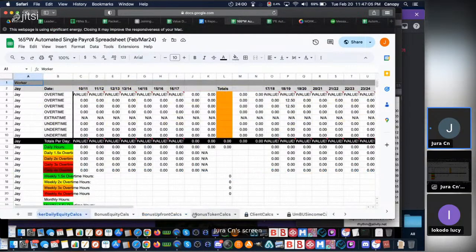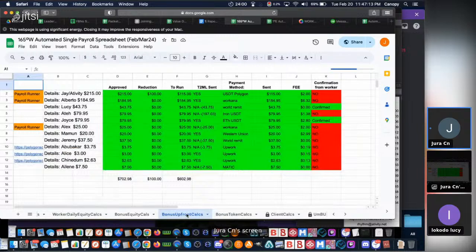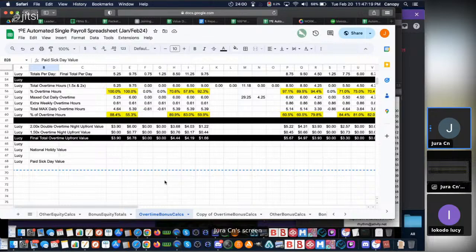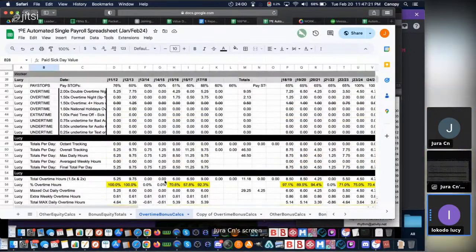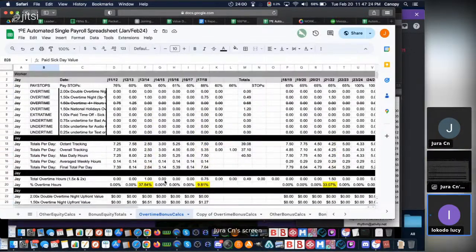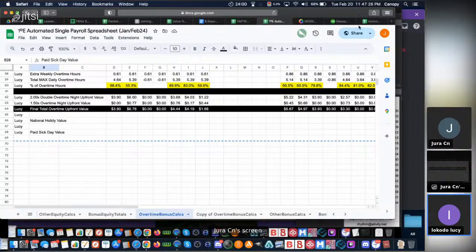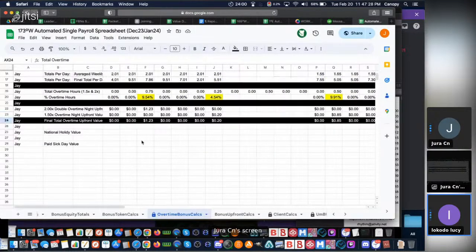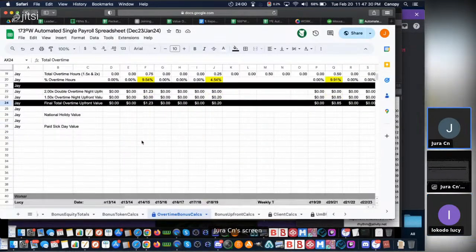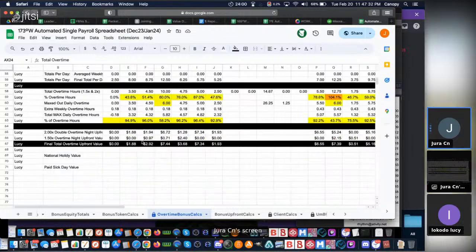It's not even here. Worker daily equity, bonus upfront Calcs, bonus token Calcs, bonus upfront Calcs. There's just nothing here. I haven't started it. Are we doing 1 degree now or not? Oh, we are on 1 degree. We're doing 173. Yes.